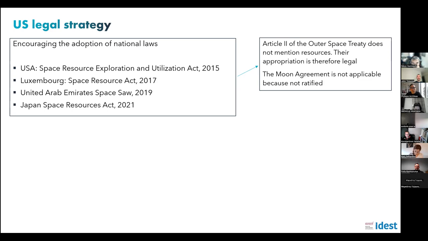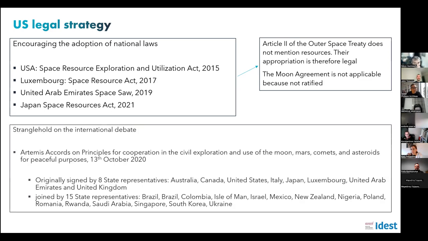So the position of the US to say, this is our position, this is our interpretation, and this is the right one, does not fit with international law of treaties. The solution has to come from a common interpretation given at the UN level.